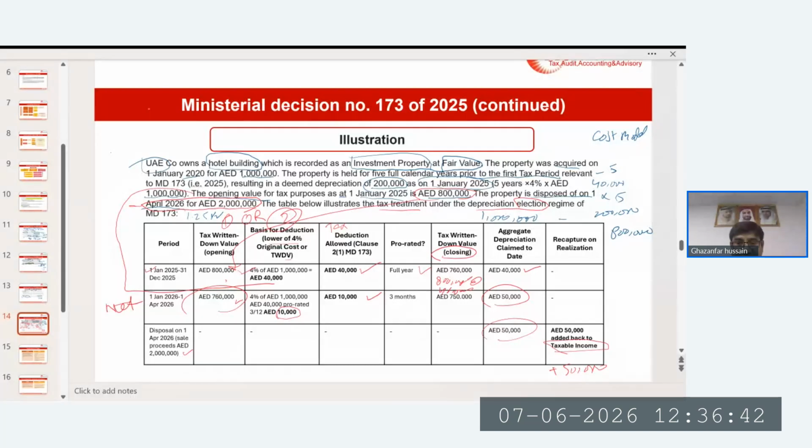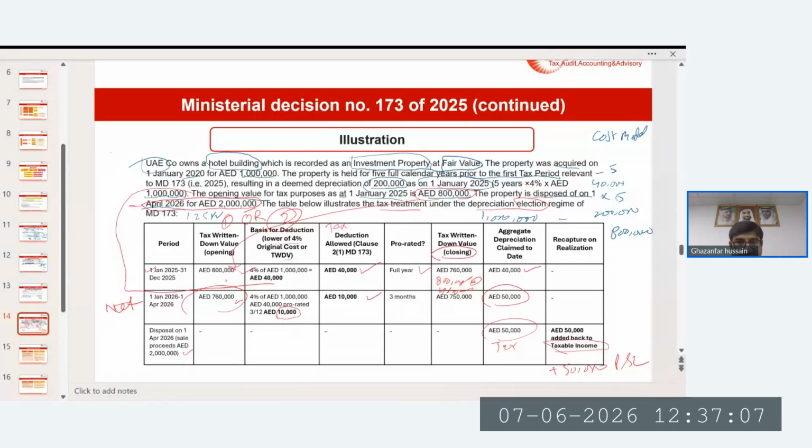This is the minus before sale every year, this tax depreciation. But the same amount of depreciation that we call the tax depreciation, we have to keep the record. And in the year of sale, we have to add it into the profit and loss. So this is under the realization basis when we opt.